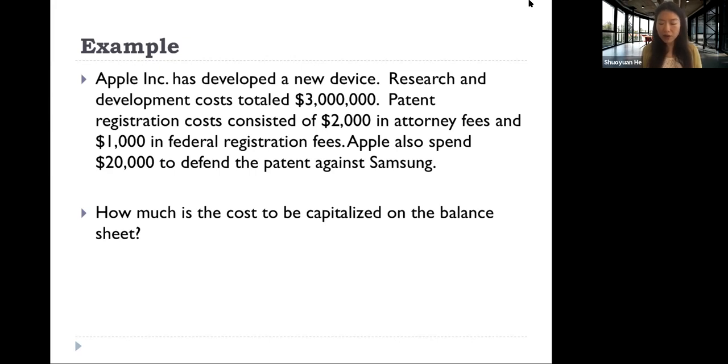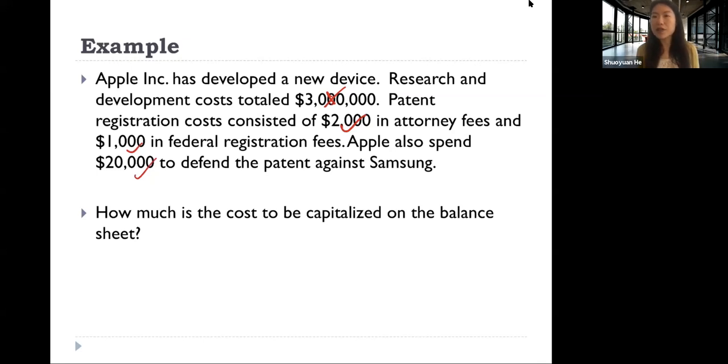So how much is the cost to be capitalized on the balance sheet? Because this patent is developed internally, in this situation, the R&D cost needs to be expensed. The patent registration fee consists of $2,000 attorney fee, $1,000 in federal registration fee, and $20,000 to defend the patent.